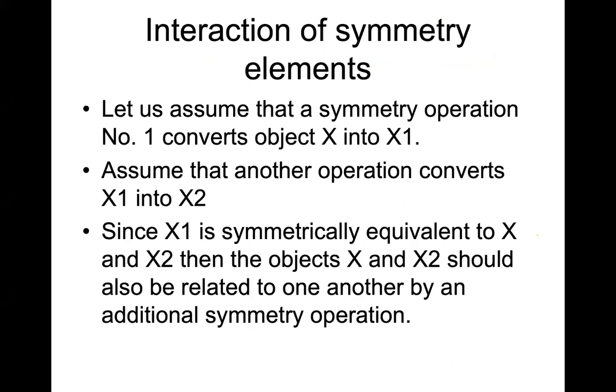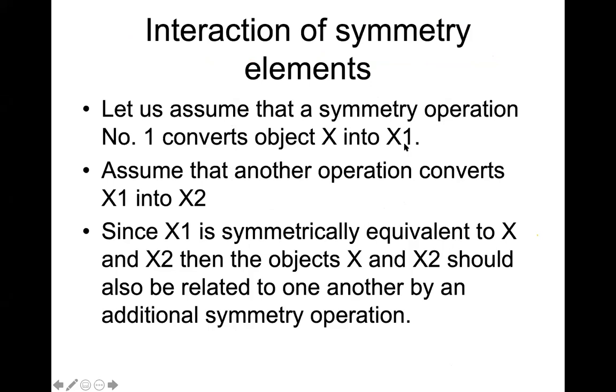Now, I already told you that operating a two-fold rotation and then a perpendicular mirror plane generates inversion symmetry. Like that, we can have many interactions of symmetry elements. Let us assume that symmetry operation number 1 converts object x into x1.